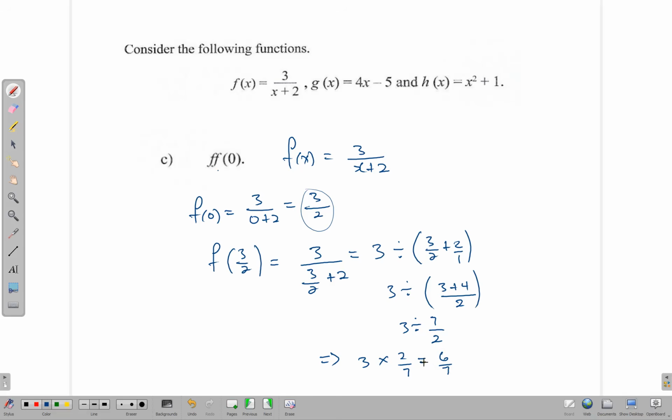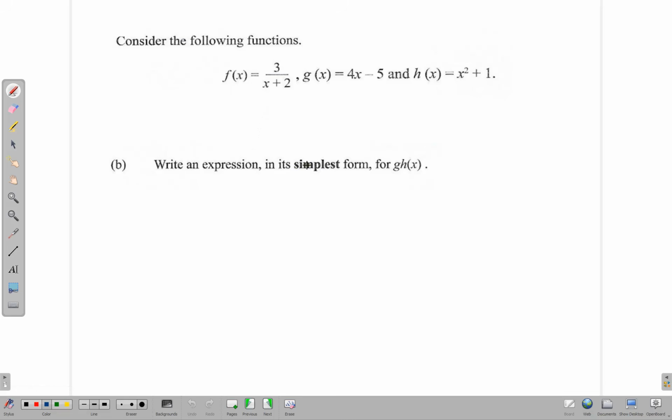All right, and that's that for that one. So the idea here: find f of 0. f of 0 gives us 3 over 2. We do that, and then we put that value back into the same function, work it out again, and we get our result here.